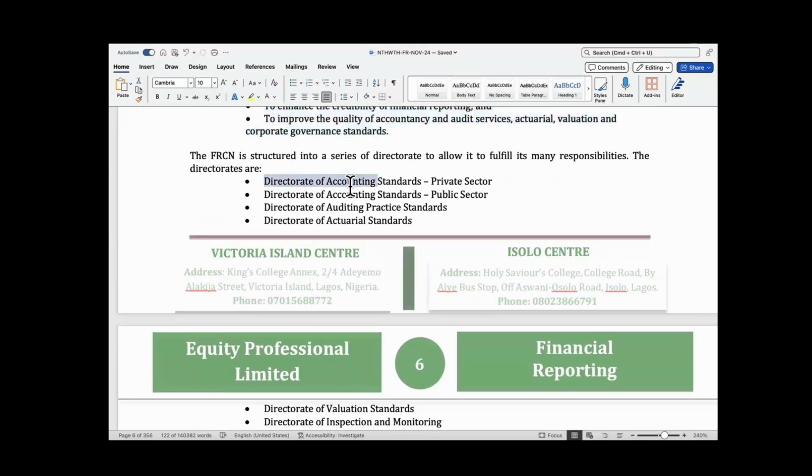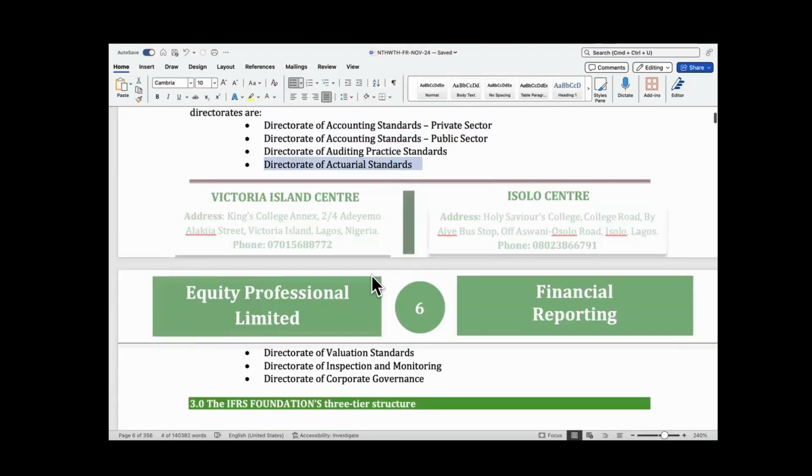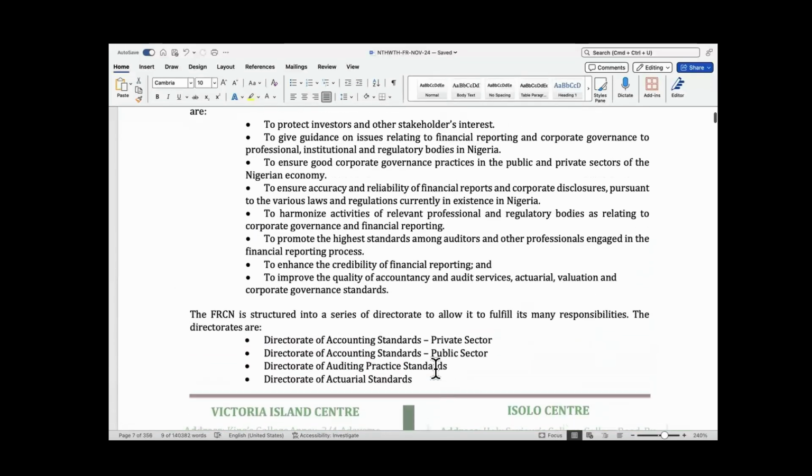So they have Directorate of Accounting Standard, both for private and public sector, Directorate of Auditing Standard, Directorate of Actuarial Standard, Directorate of Valuation Standards, Directorate of Inspection and Monitoring, Directorate of Corporate Governance. All of these is just to ensure that they fulfill their responsibilities. So that is the FRCN.